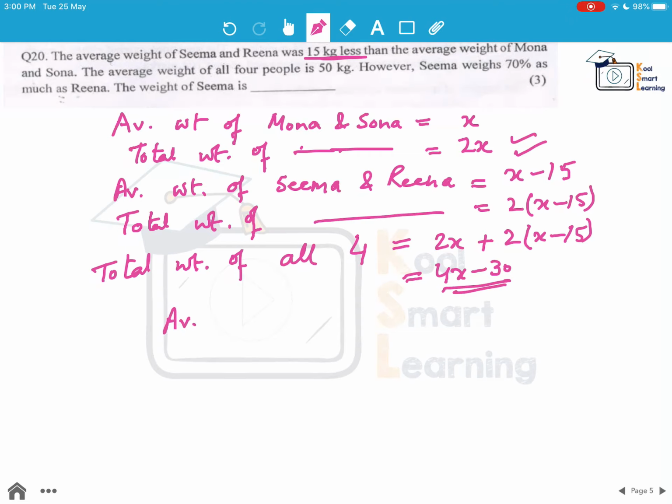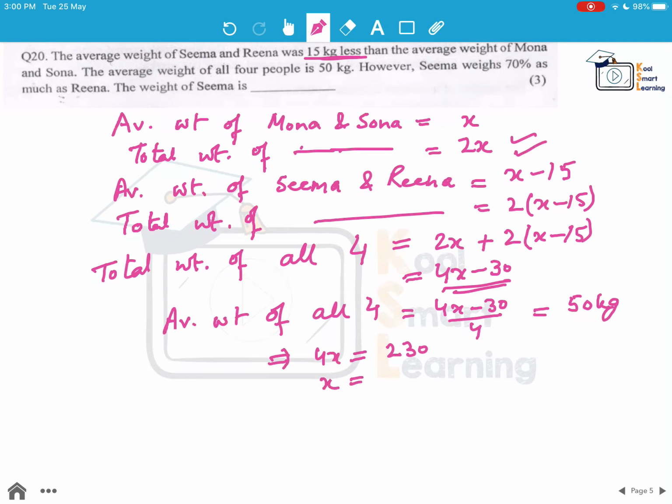So what will be their average weight? We'll divide it by 4, and this is given to be 50 kg. So this implies 4x is equal to 230. We can say x is equal to 57.5 kg. Now this is the average weight of Mona and Sona.